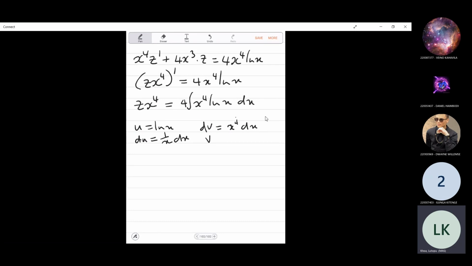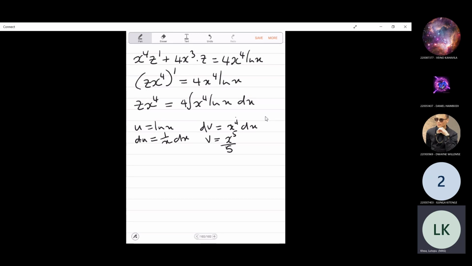And then we have v is equal to x to the power of 5 divided by 5. Okay, then we substitute and integrate.